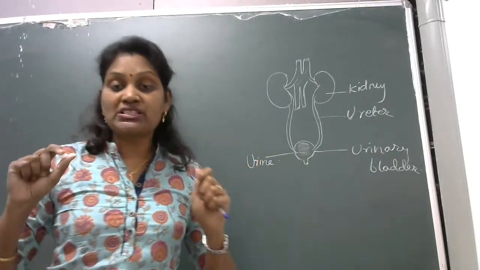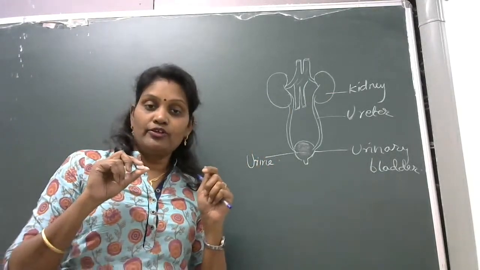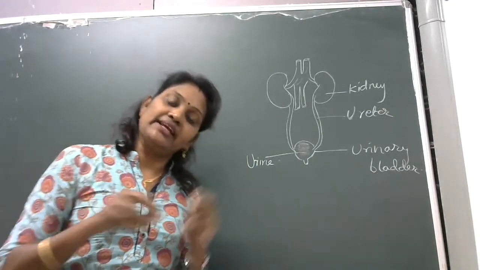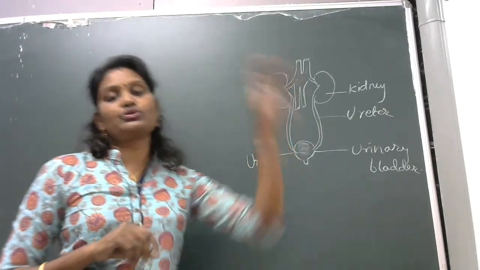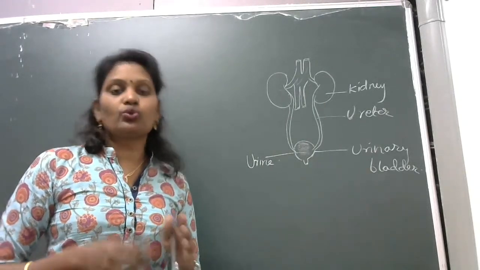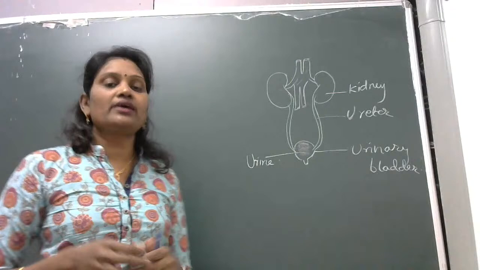The blood vessels which take the blood from the organs are the veins. So the veins take the blood and again reach the heart for getting oxygen.